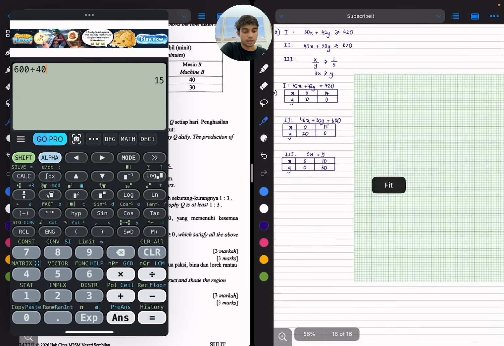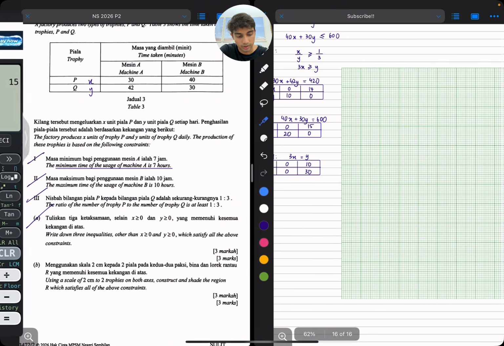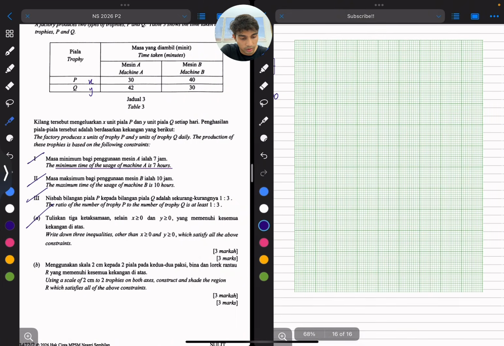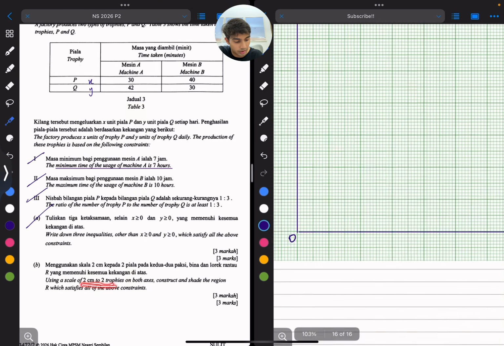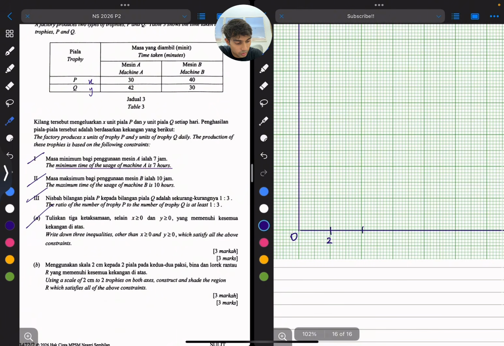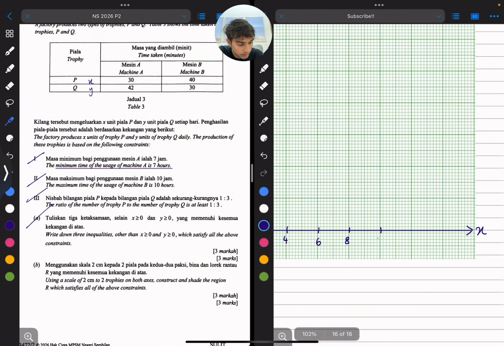Now we can plot our graph. This will be x, this will be y, 0. They already gave us the scale, 2 cm to 2 trophies. So 2, 4, 6, 8, 10, 12, 14.